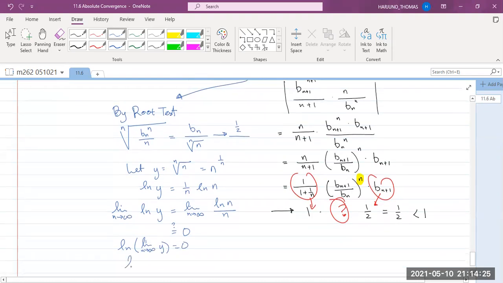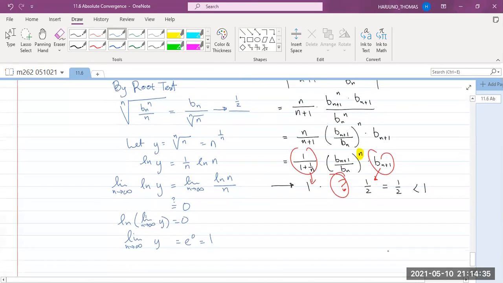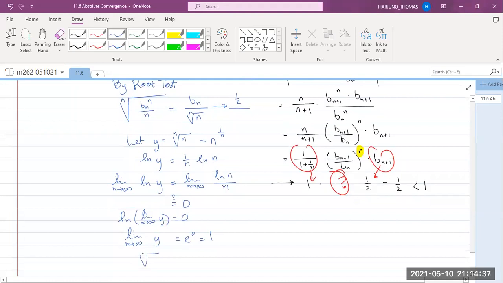So the limit as n goes to infinity of y is e to the 0, which is 1. In other words, the nth root of n goes to 1. So this is 1, which is 1/2.